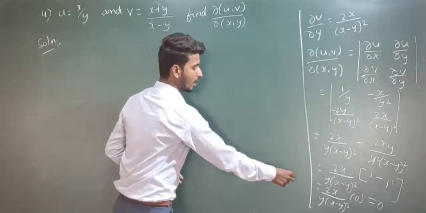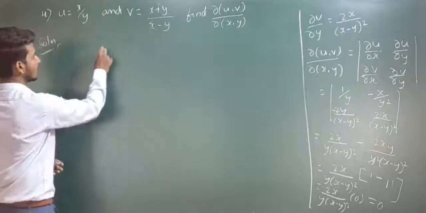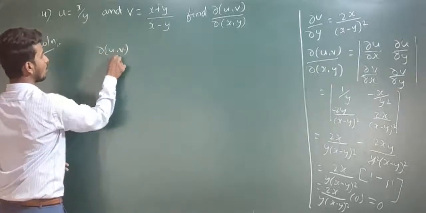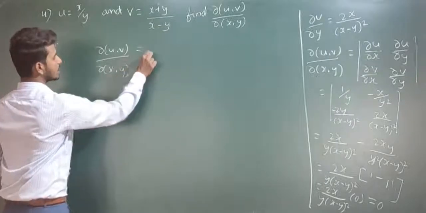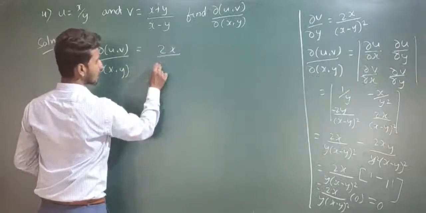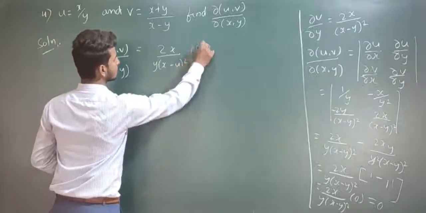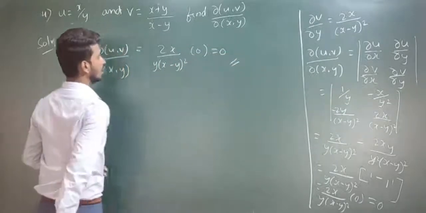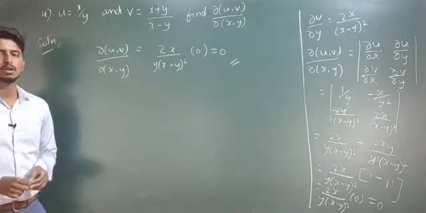So dou of u comma v divided by dou of x comma y is equal to 2x divided by y into x minus y whole square into 0, which is equal to 0. The value of the Jacobian is 0.